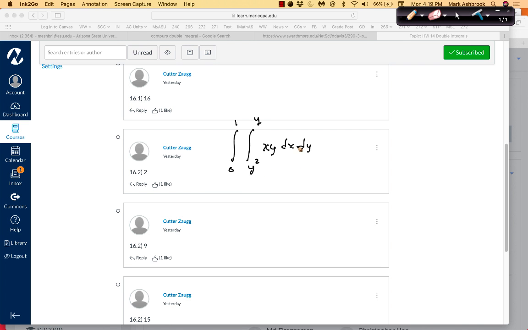Okay, so these limits of integration are x values. Because it's x, this is really x equals y squared, and this is really x equals y. And integrating from y squared to y, let's sketch that. So what is x equals y squared?